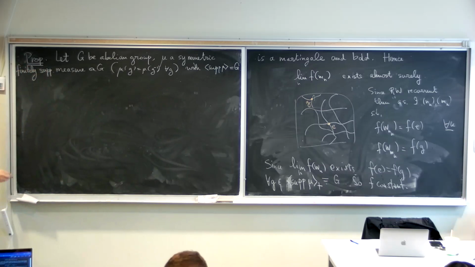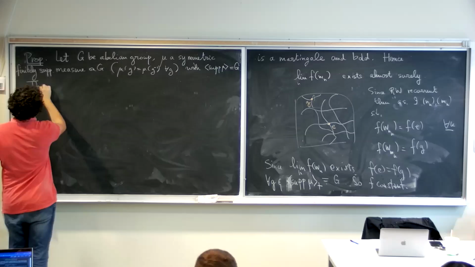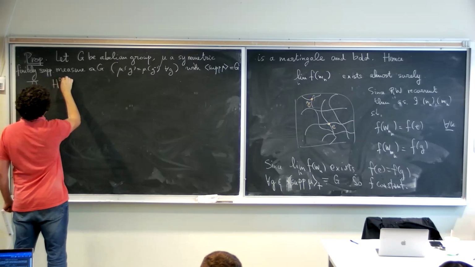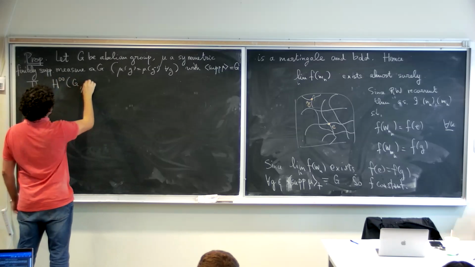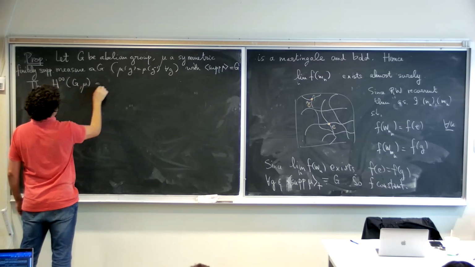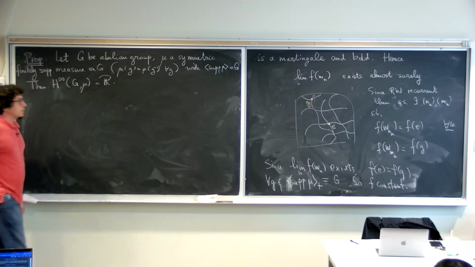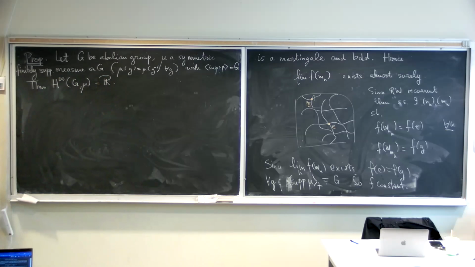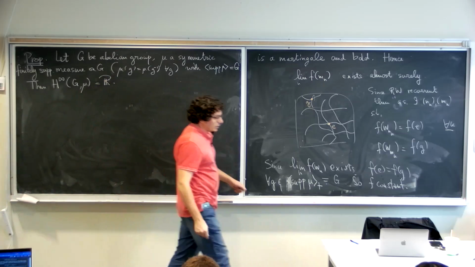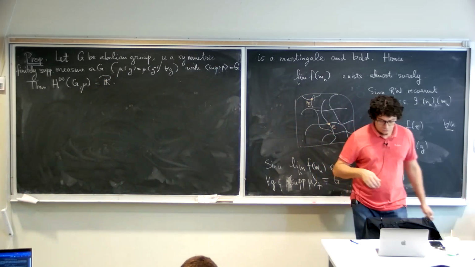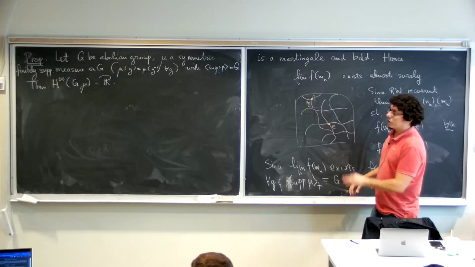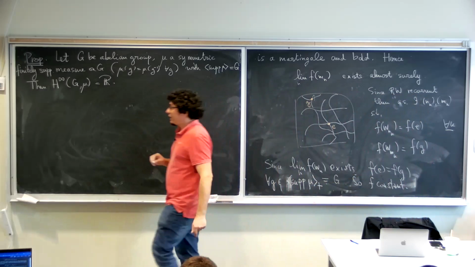Then I want to say that H infinity R mu is just... In the notes I wrote it for Z^d, but I think this proof should work. Let's check.